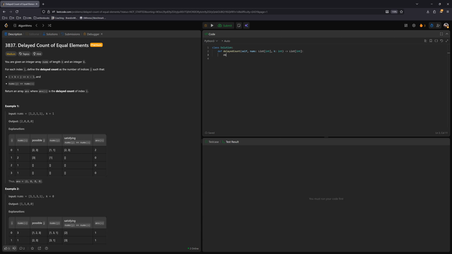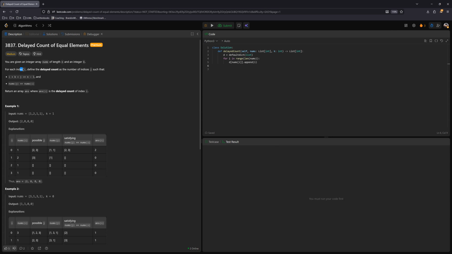So we will say d equals defaultdict list, I guess, for i in range length nums, and then d of nums of i dot append i, right? So we're just looking at the indices.